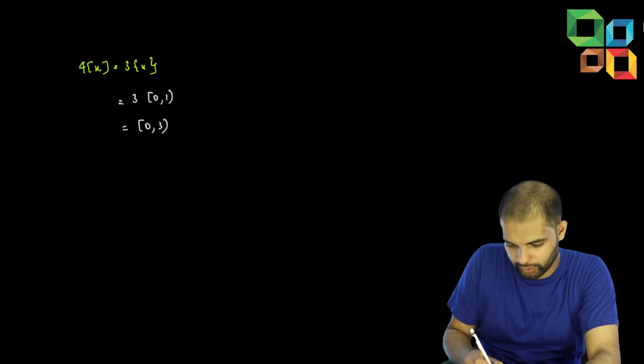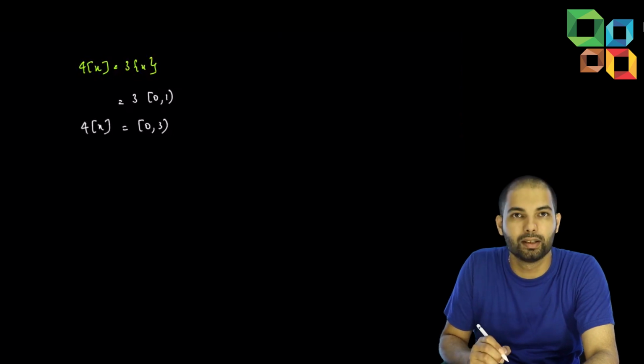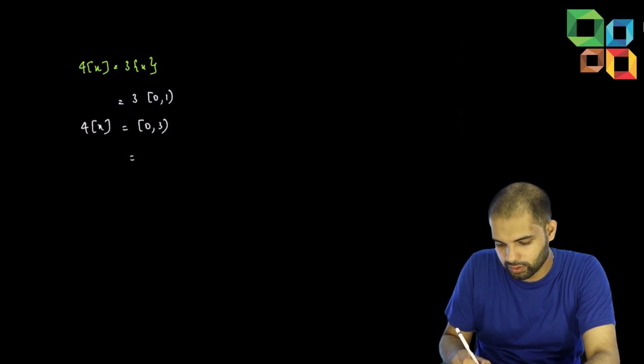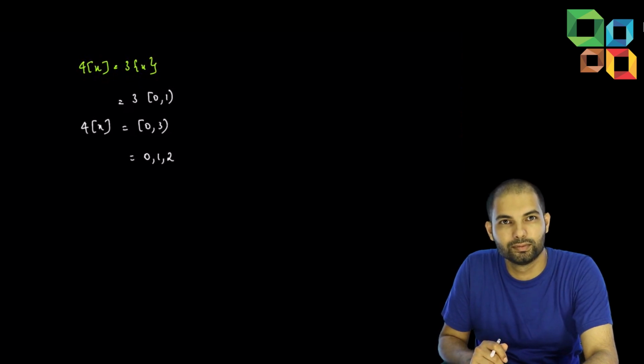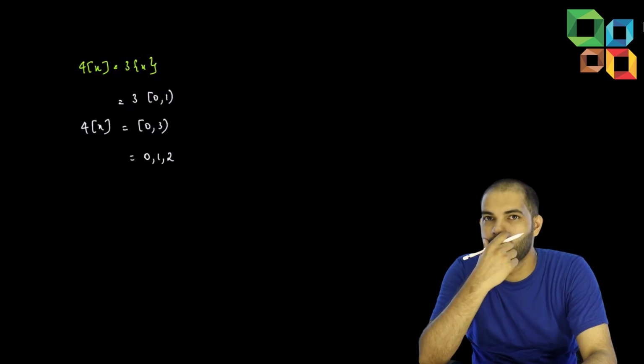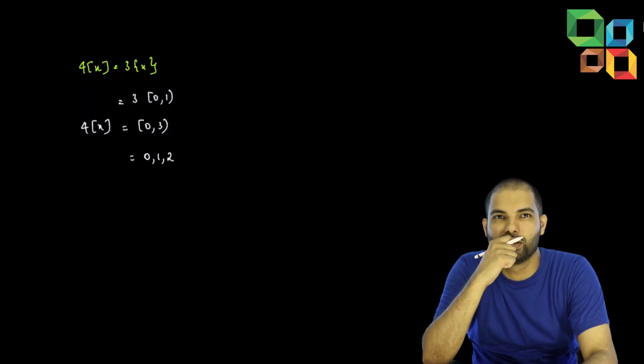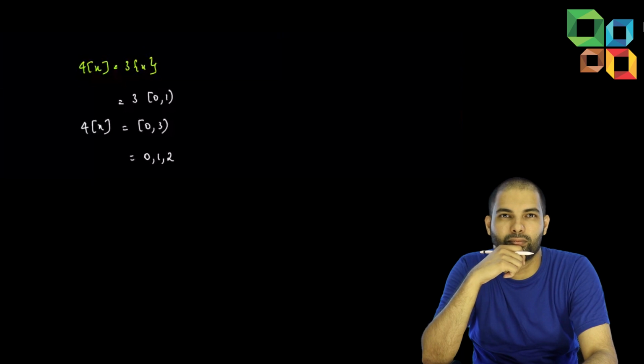So we can equate it. 4 into integer part of x can be equal to 0, 1, and 2. This is what you're saying. Yes, sir. So is there any integer? It's only 0.